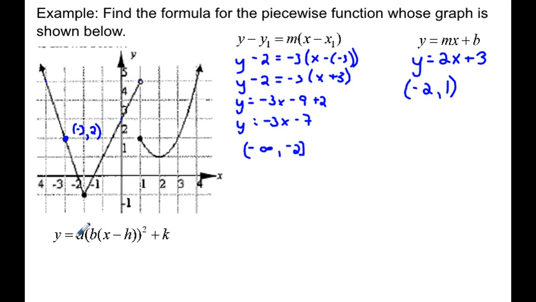So I don't have an a and I don't have a b value, but I do have h and k values. In order to determine them, we're going to use the vertex of our parabola to determine how much it is moved. Now typically our vertex is at the origin at 0, 0. So to determine how far I've moved horizontally, I'm going to just count the boxes. I've gone 1, 2 horizontally, so that means my h value is going to be equal to 2.